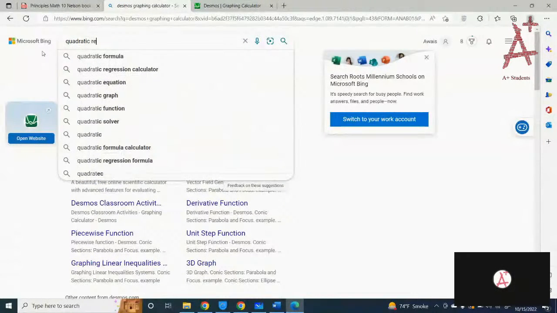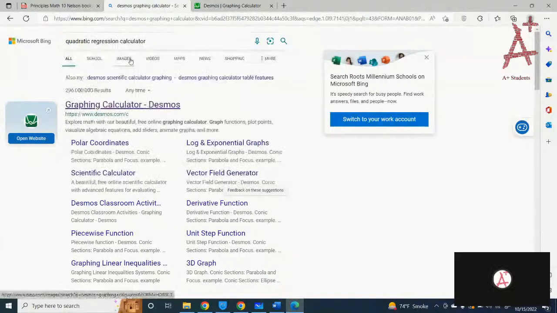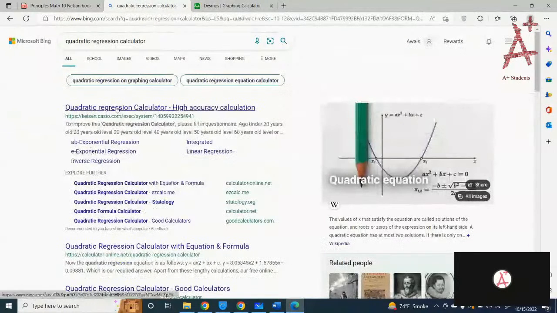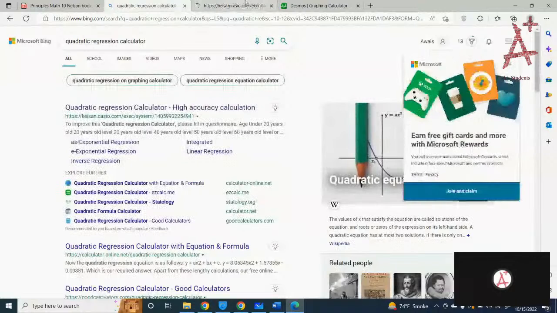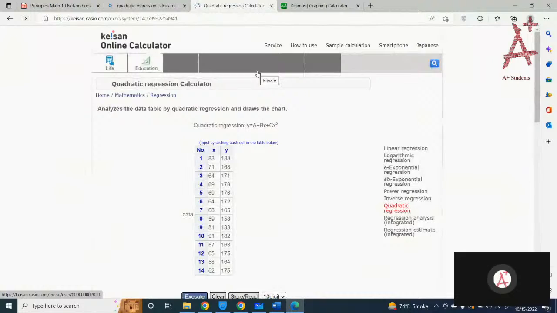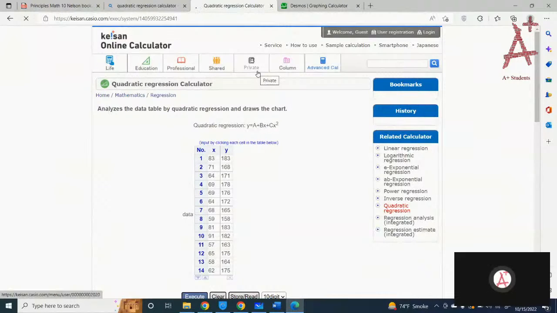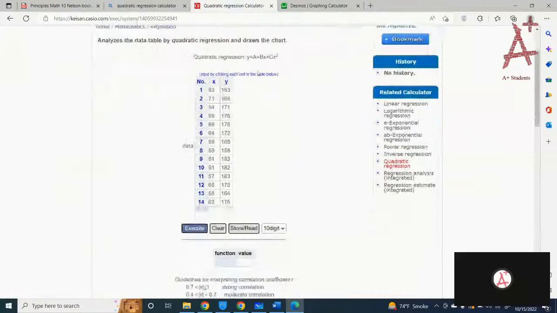This is the first time I'm going to use the quadratic regression calculator, because in the book you're told to use it. So let's write the values here and use quadratic regression.